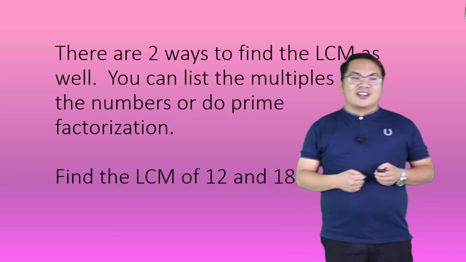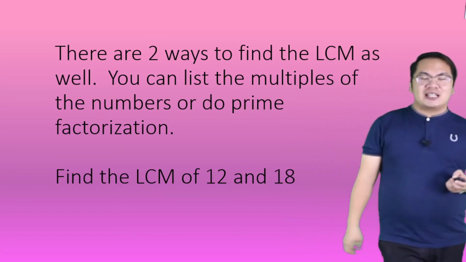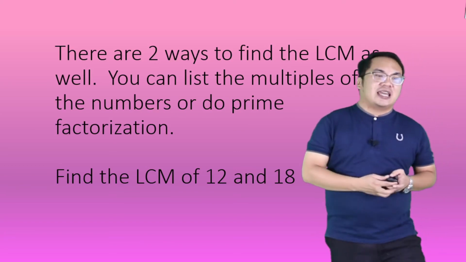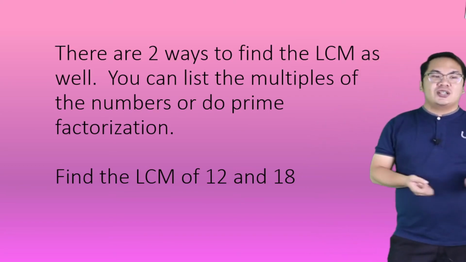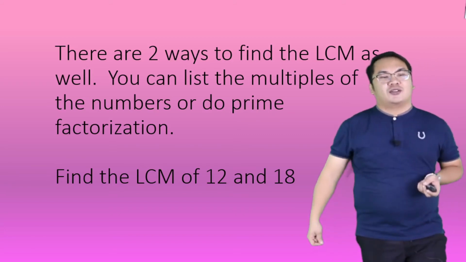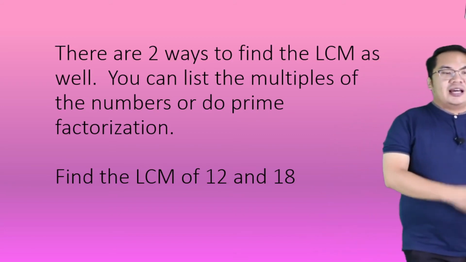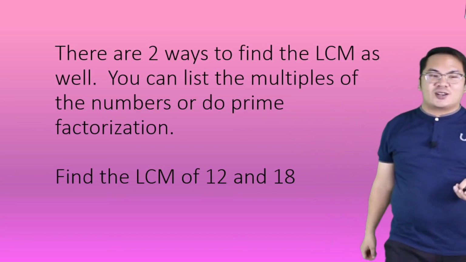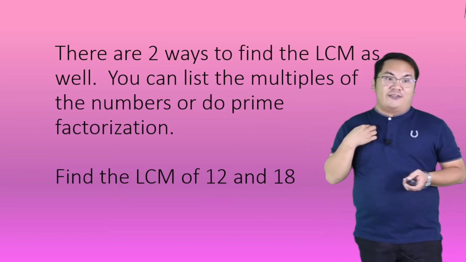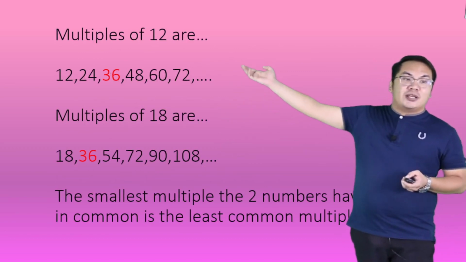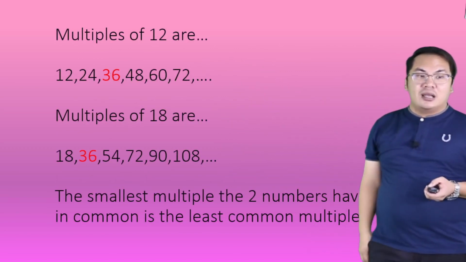Alright, good to hear. So there are two ways. Let's talk about LCM. There are two ways also to find the LCM. You can list the multiples of the numbers or do prime factorization as well. Find the LCM of 12 and 18. With the listing method, you're just going to find the least common multiple.